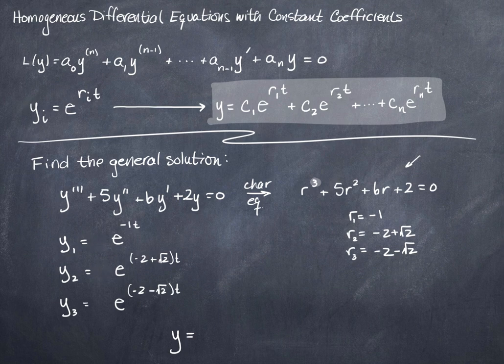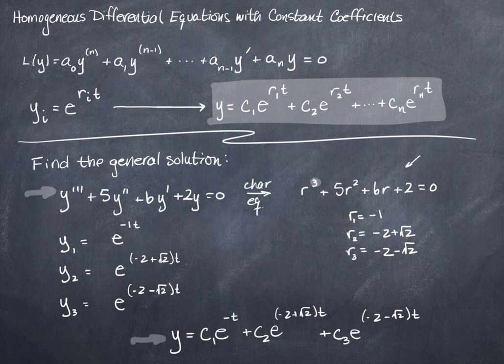The general solution is a linear combination of those, so I get this. C2 e to the -2 plus root 2 times t plus C3 times e to the -2 minus root 2 times t. And that is the general solution to the original differential equation here.